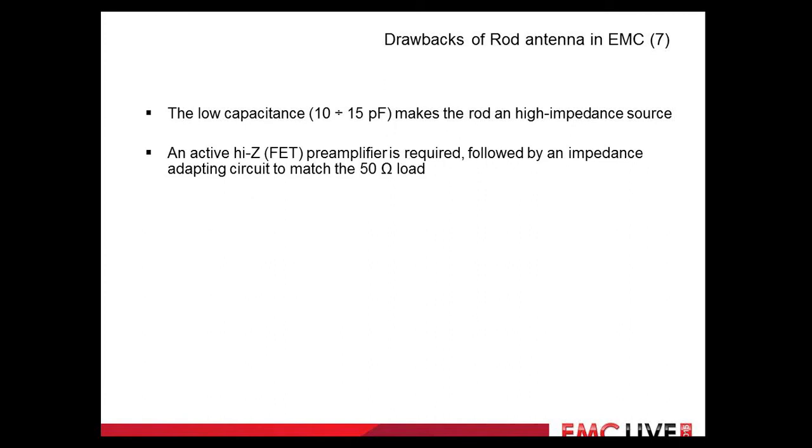Nothing special, indeed, but the preamplifier is subject to saturation. Saturation, because we are not going to measure simple pure signals, but disturbances that could be very broadband and very high in peaks. So there could be saturation in the preamplifier and we may not recognize it.